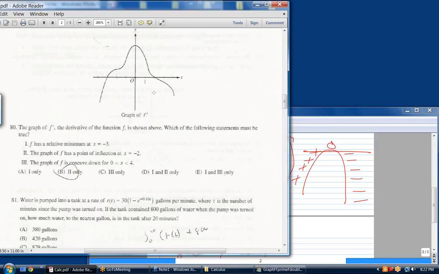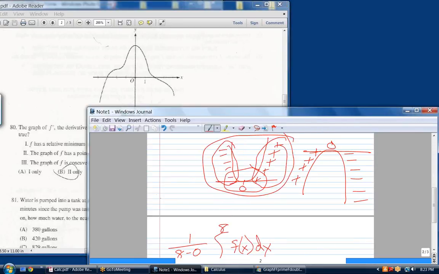Now, I can't tell if that has a slope of 0. Does that go like this, or does it go like this? In other words, does it flatten out right here? It's hard to tell. I would assume it does, but it is hard to tell.